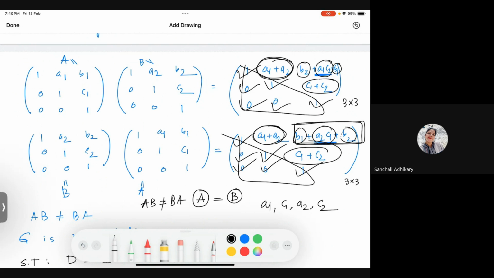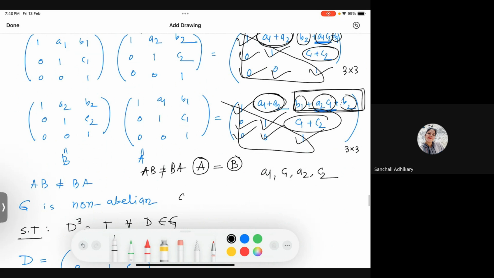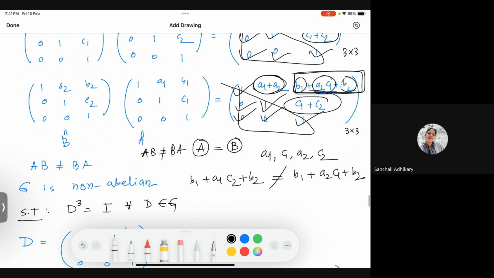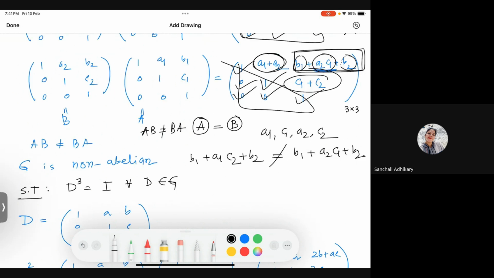You can choose A1, A2, C1, C2 in such a way that B1 plus A1 C2 plus B2, this entry, and B1 plus A2 C1 plus B2 are not equal. If you see, these two elements will cancel. I need A1 C2 and A2 C1.